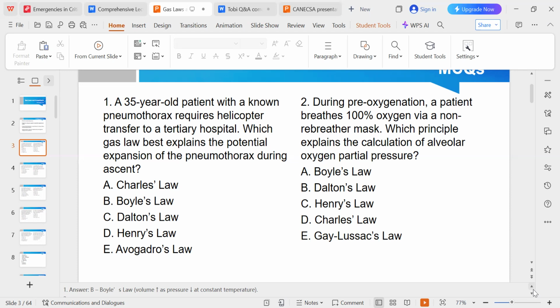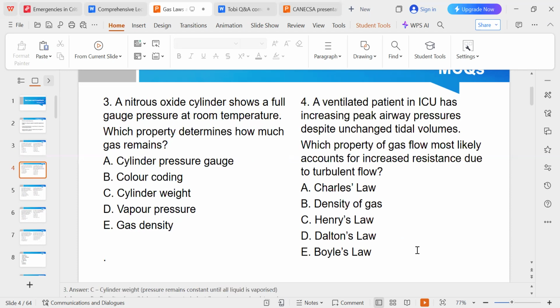What is Dalton's law? The total pressure of a mixture of gases. Yeah, go ahead. Total pressure of gases mixed, the gases exert the same pressure as they would if they were alone. Beautiful. Good.